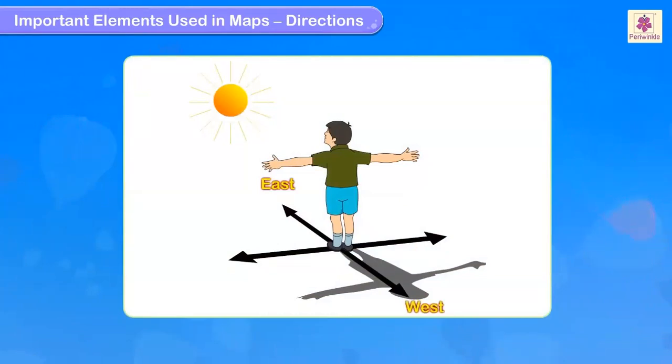The west is behind you. Your left arm points to the north. Your right arm points to the south. So, the next time you face the morning sun, you will remember the four directions.